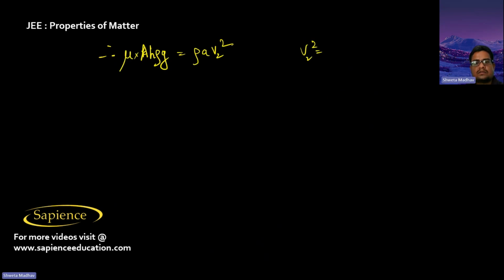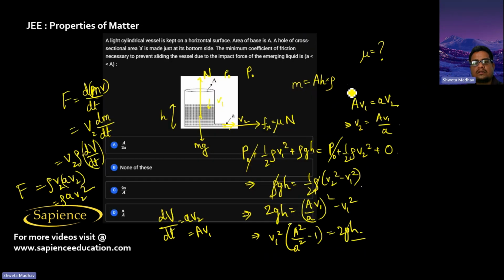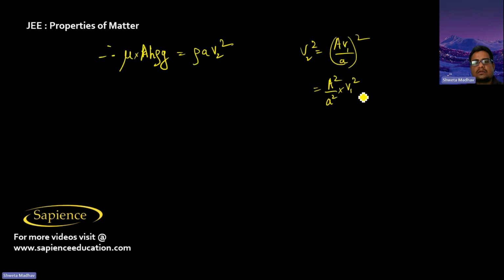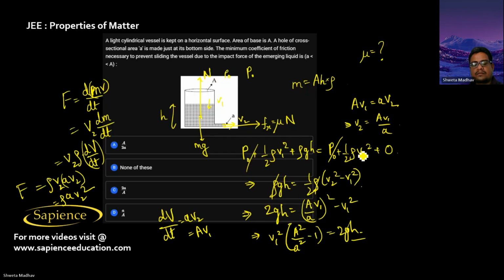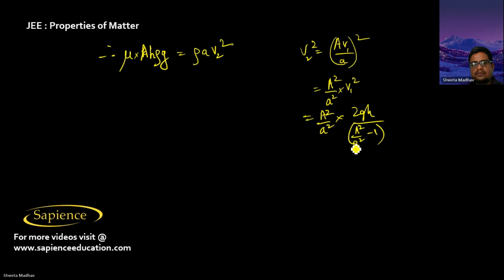Now v2 square is equal to A v1 by a whole square. It is A square by a square into v1 square, which is A square by a square into v1 square, that is 2gh by A square by a square minus 1. So 2gh by 1 minus a square by A square. So this is v2 square.